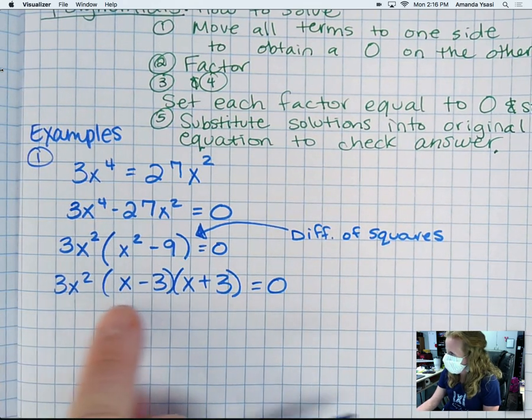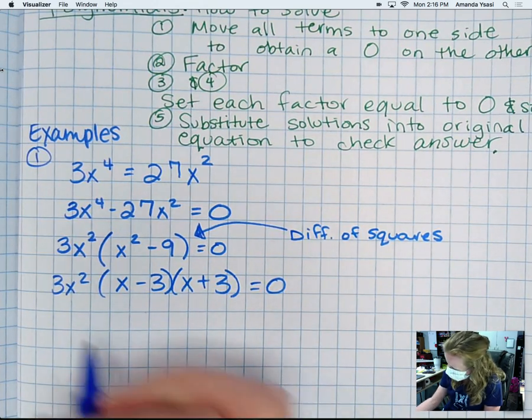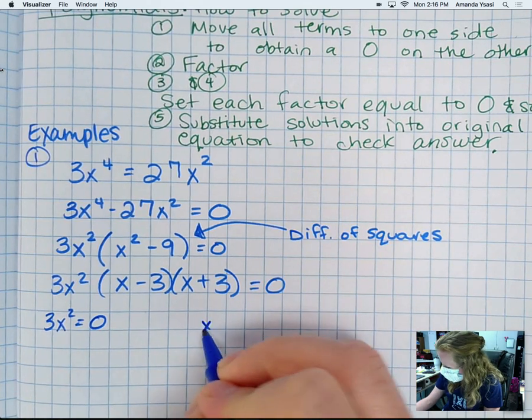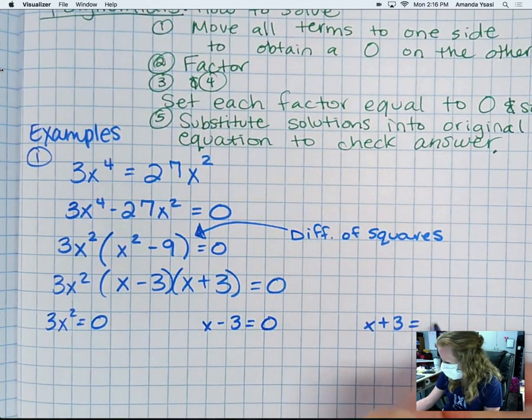And we can't factor anything else out, so we set each one equal to 0 and solve. So 3x squared equals 0, x minus 3 equals 0, x plus 3 equals 0.